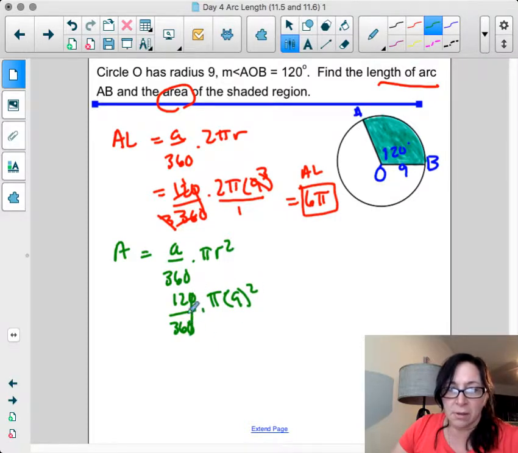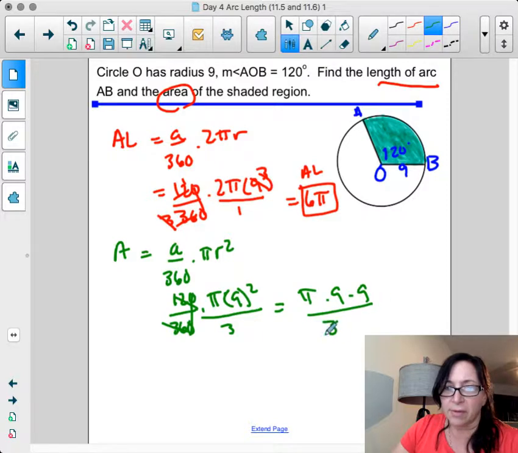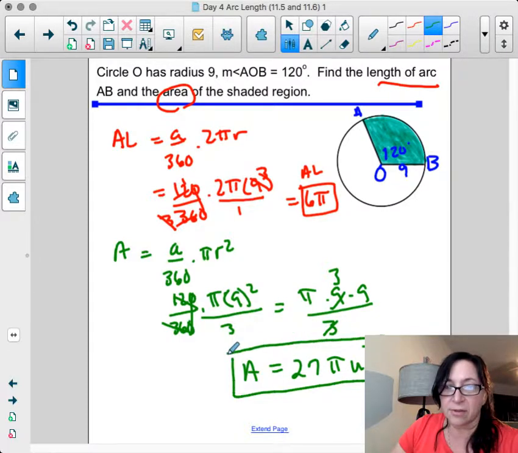These cancel. I get 1 over 3. What I'm going to do is pi times 9 over 3. 3 goes into 9 3 times. 3 times 9, 27 pi units squared. That's the area of that sector.